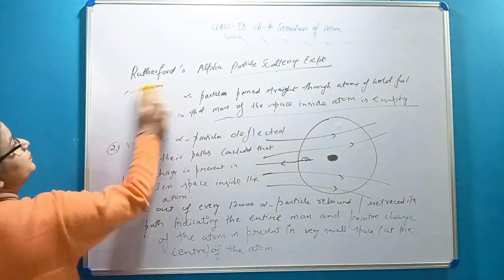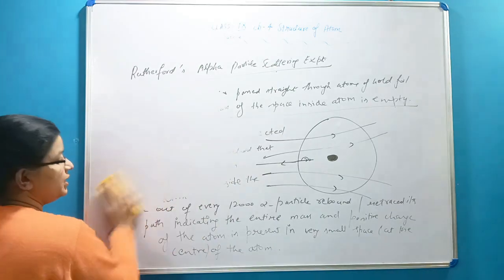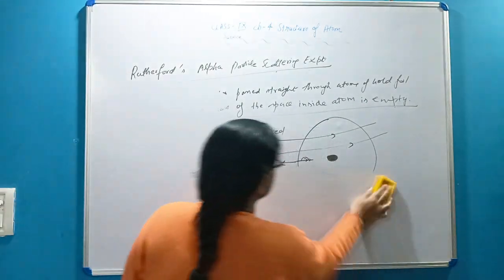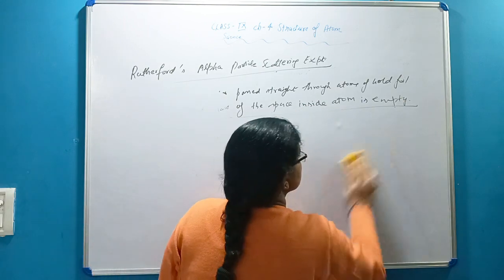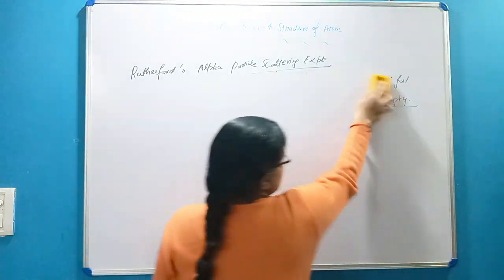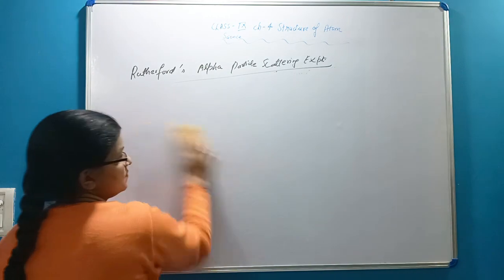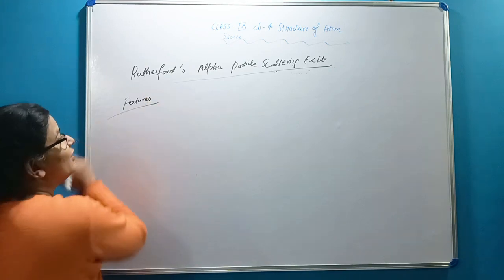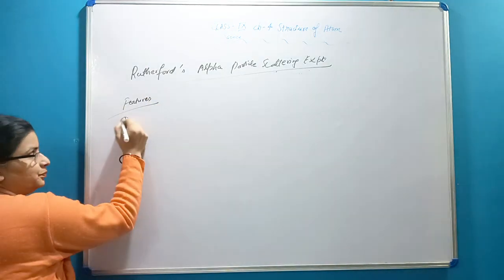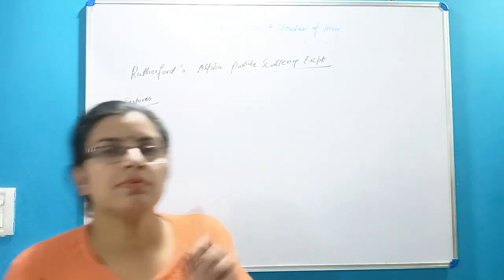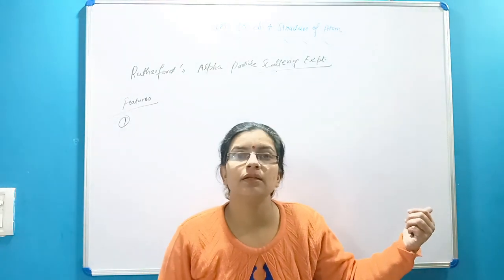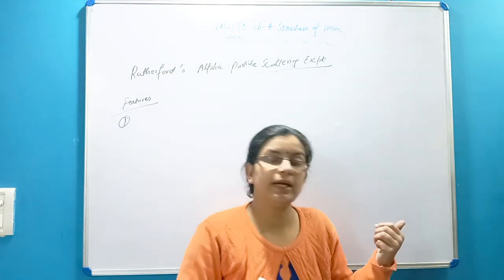Okay, so what will we do here? Features of the atomic model. The very first point: the observation was that most of the alpha particles pass straight through the gold atom.